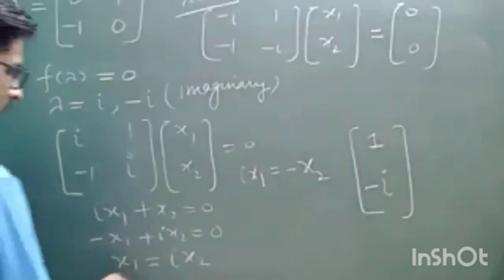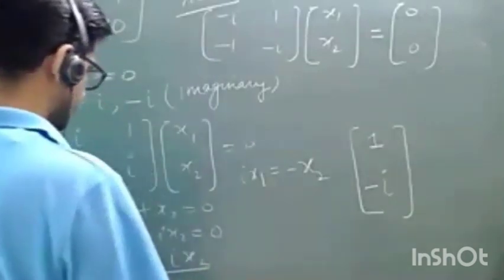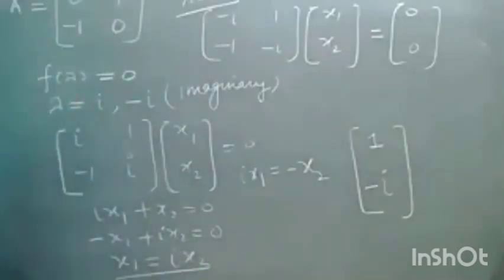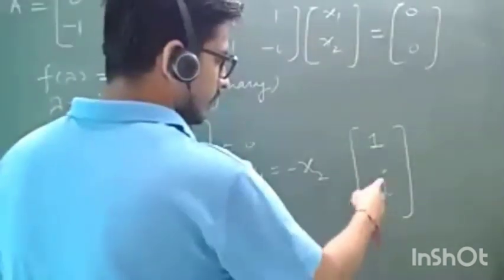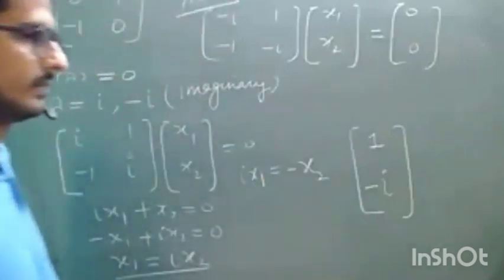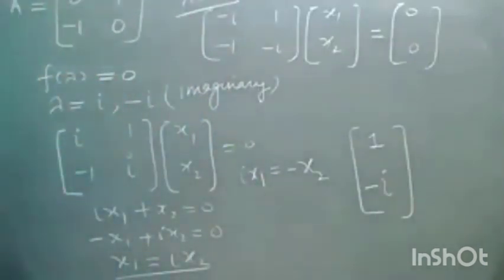So here also, if you consider x1 as 1, x2 will be minus iota. Where is the difference? What normalization constant will come in this? 1 by √2.